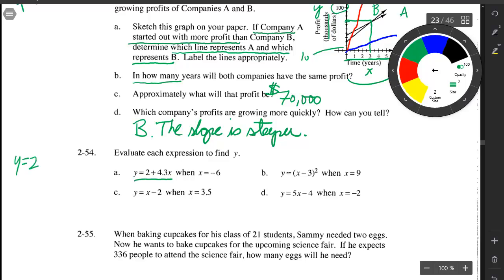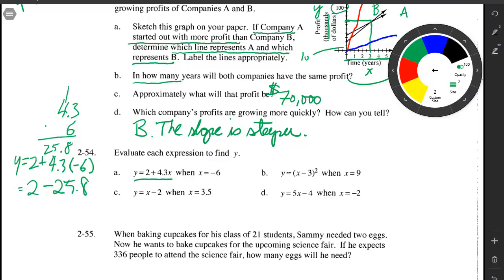Y is equal to 2 plus 4.3 times negative 6. So 4.3 times 6 is 25.8. It's minus 25.8, right? A negative times a positive will give you a negative, and then it's 2 minus that amount.